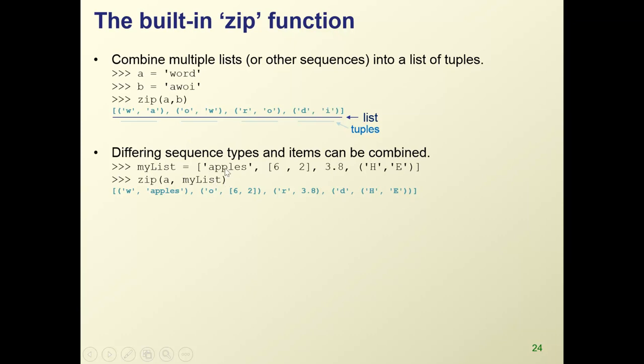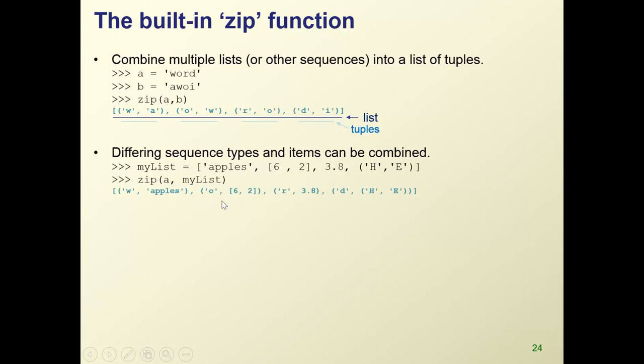And the list contains all various different kinds of items in it. And it still zips it up. Apples is the first item in the list, and W is the first letter in the word, and W, apples is the first tuple that comes out of this. And you can go on through and check that.